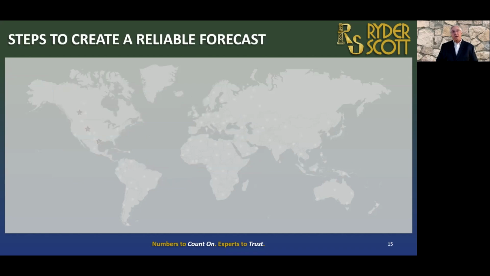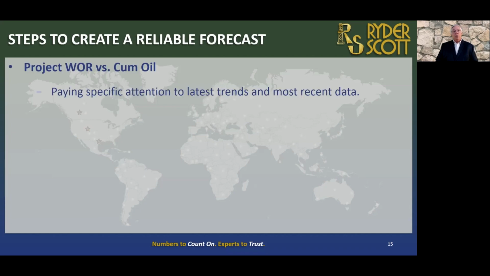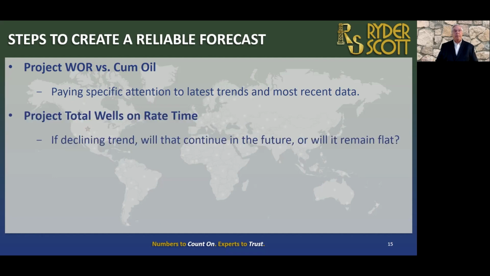Well, now we need to discuss the ways to create a reliable forecast. The first thing we're going to do is project the water-oil ratio versus cumulative oil. We're going to pay specific attention to the latest trends and the most recent data. We're going to project the total wells on a rate time basis.